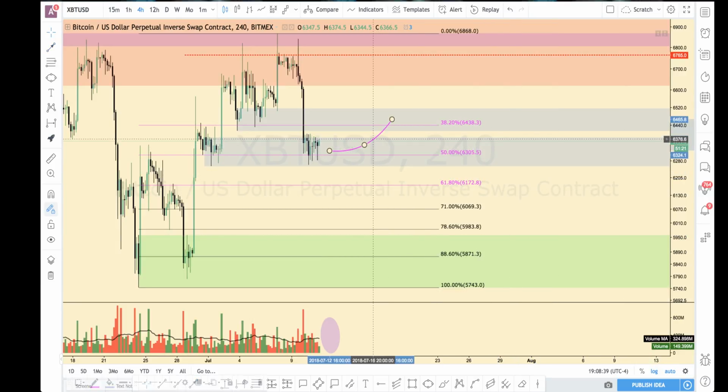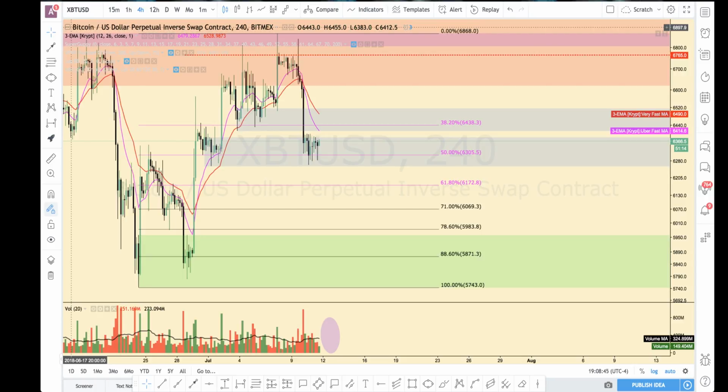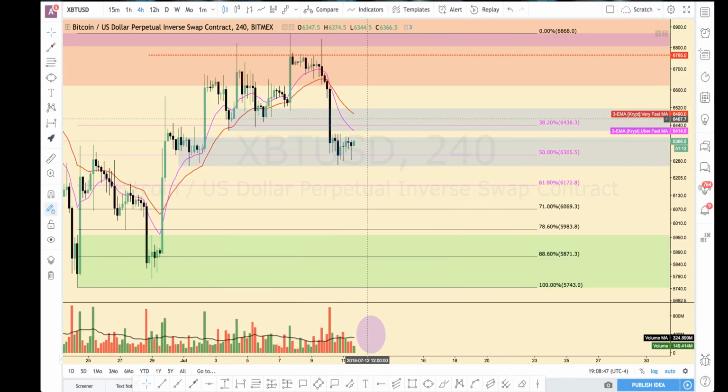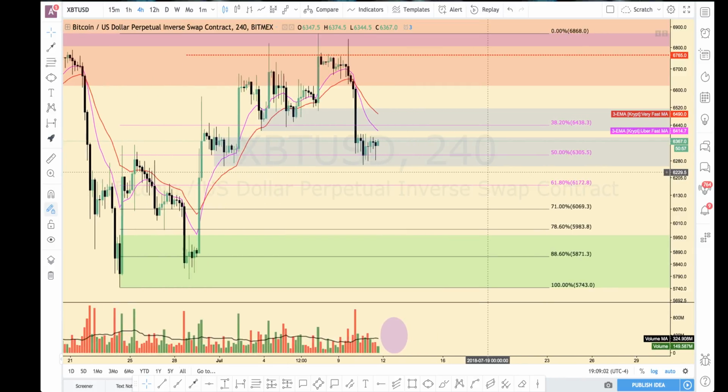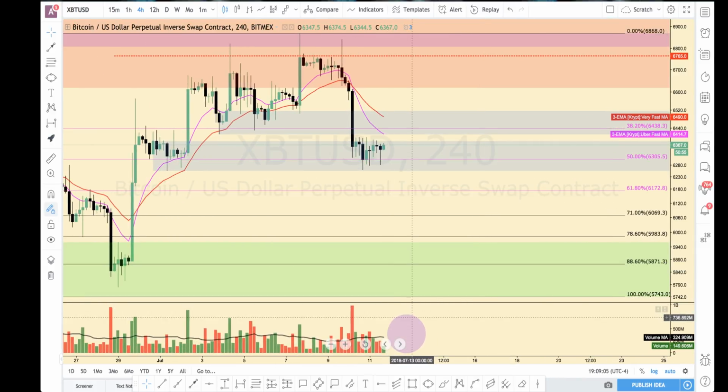The other reason I would like to add to a short position here is the 12 and 26 EMAs. Y'all know on the channel I've been talking about this often. I actually got these from TCG, the chart guys on YouTube. He uses these EMAs often, and I've liked them a lot ever since I started using them.